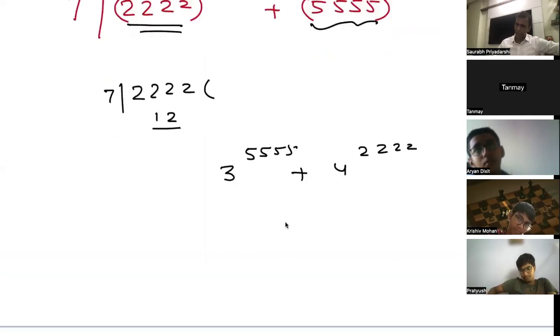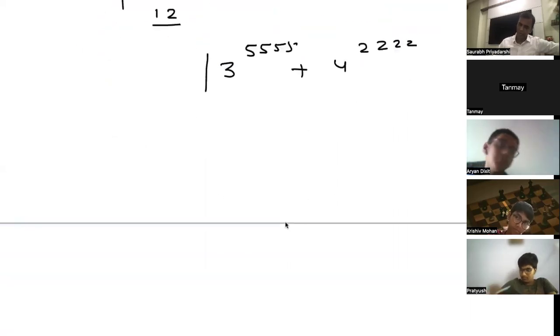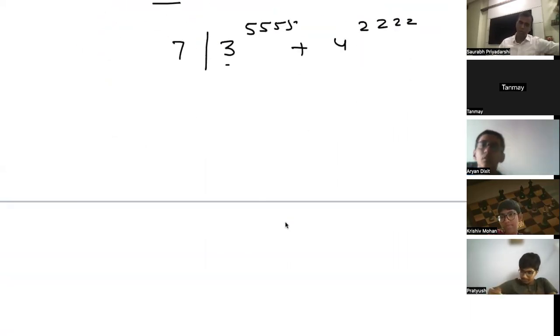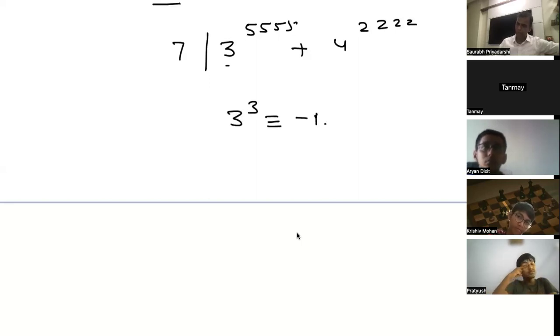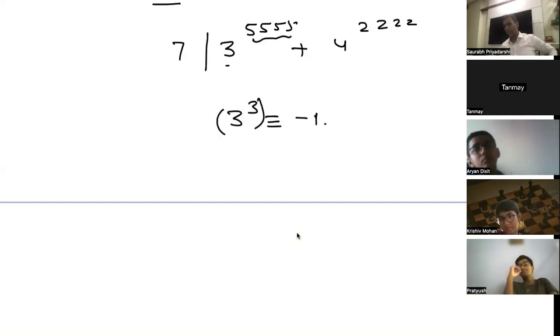So we know that when I have to divide by 7, 3 cube is -1. And I have to get 5555 powers.